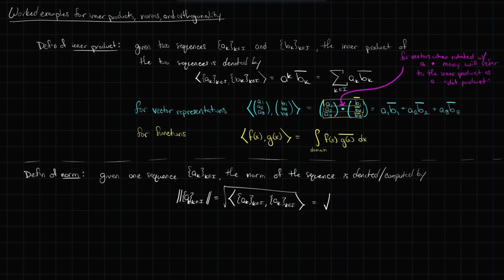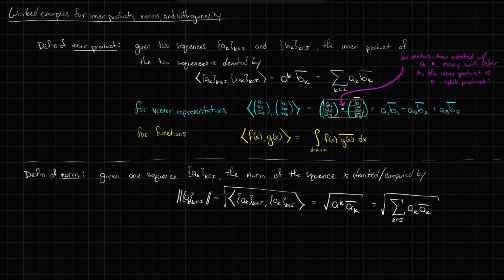Or we can use Einstein summation to say this is a_k a_k conjugate. Or we can use sigma notation to say this is the square root of the sum of k in my index set of a_k times its conjugate.